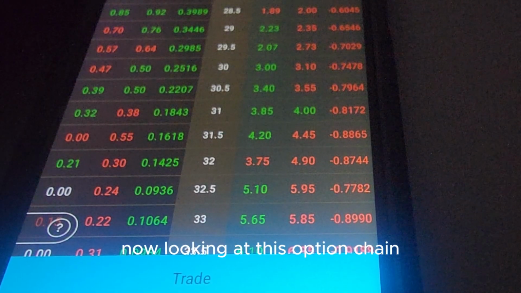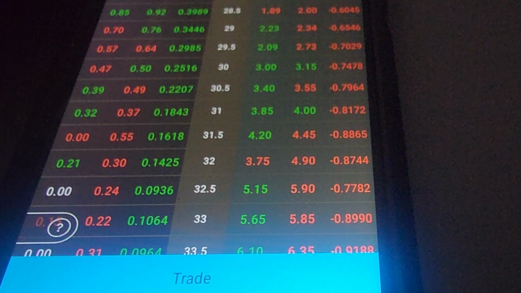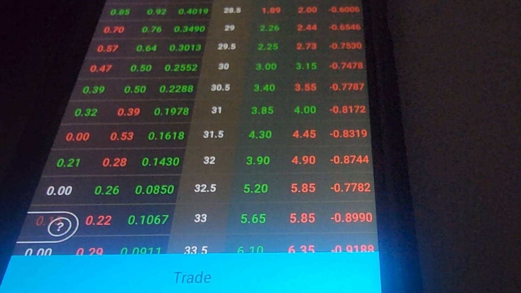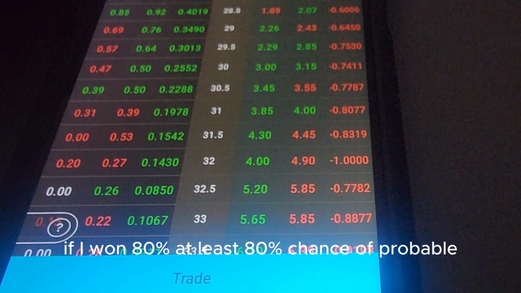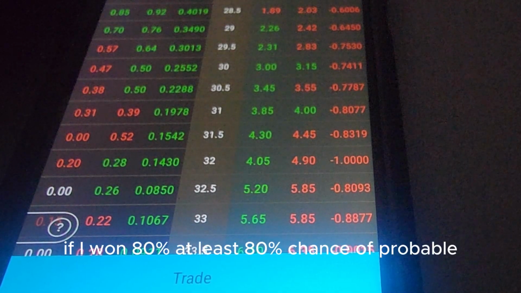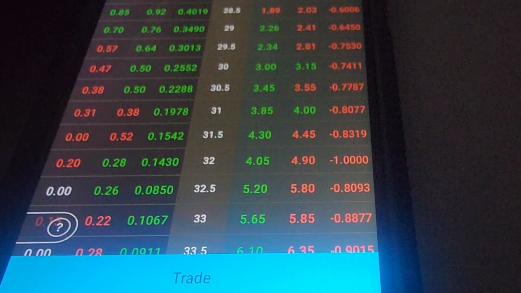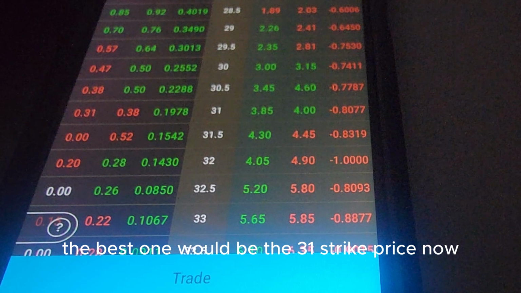Now, looking at this option chain, look at the delta, and from the delta column, if I want at least 80% chance of probable success, the best one would be the 31 strike price.